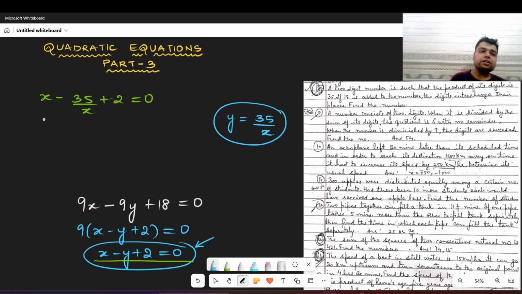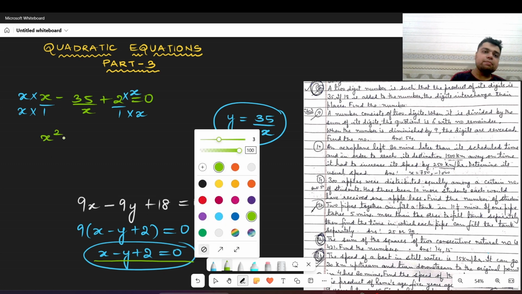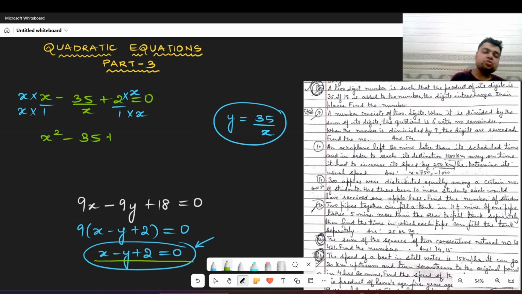To make the denominator equal, upon 1 we can assume, so we will multiply with x so that the whole denominator becomes equal. The equation will now become x square minus 35 plus 2x, whole divided by x, is equal to 0. When this x gets multiplied with 0, it will become 0, because 0 times anything is 0, right? So it will become x square plus 2x minus 35 is equal to 0.